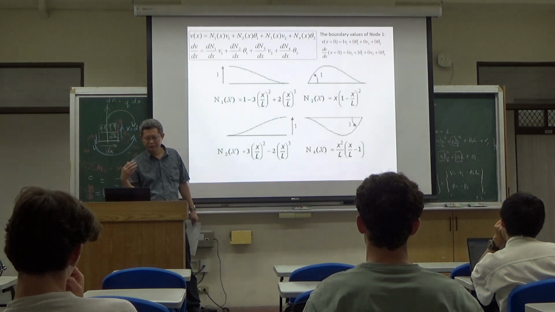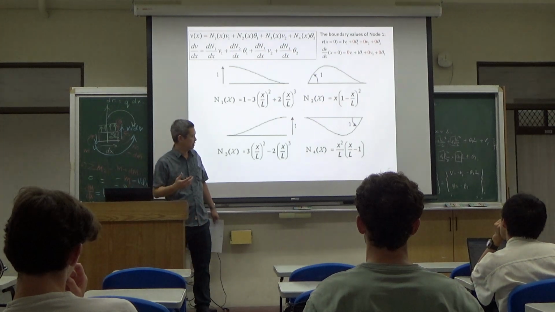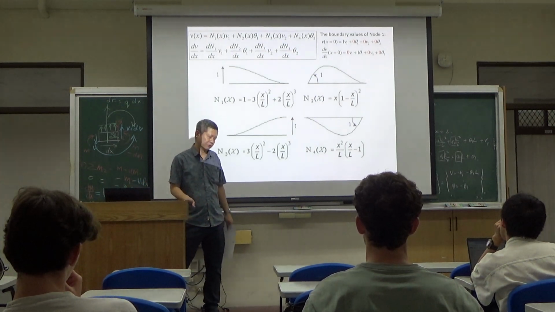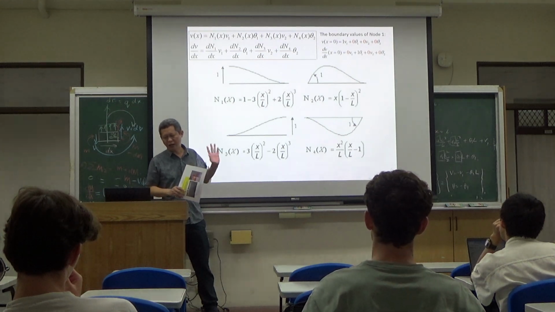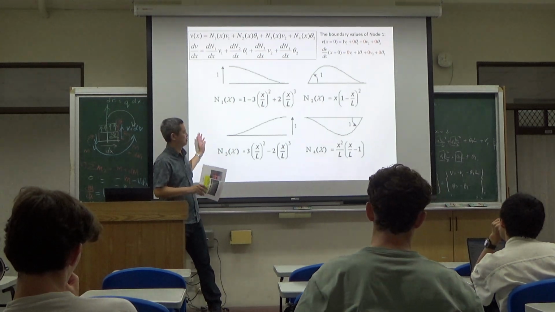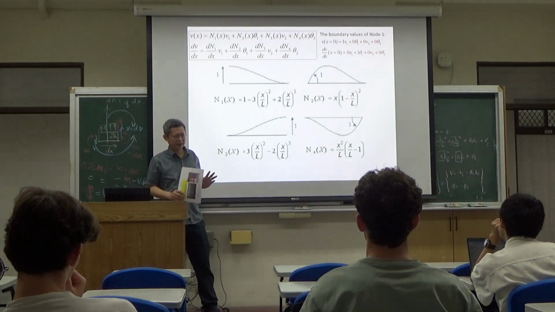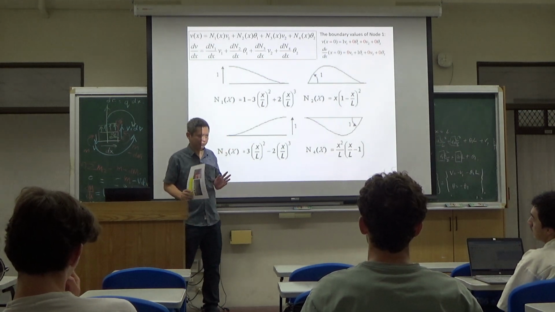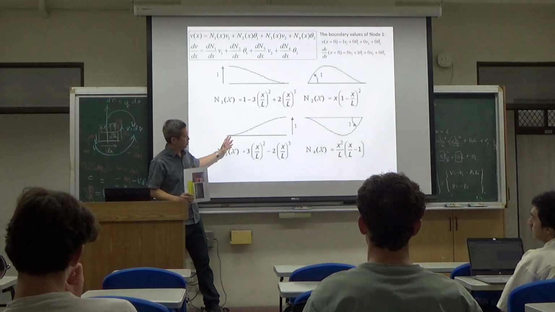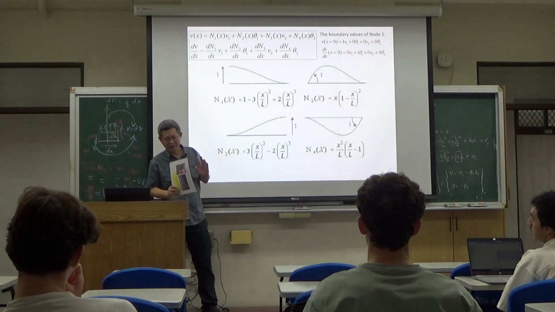The concept about shape functions and boundary values: the finite element nodes are the ones that satisfy the boundary conditions. Anything in between is just an approximation. So that's why when you have a coarse mesh, your model is not accurate.